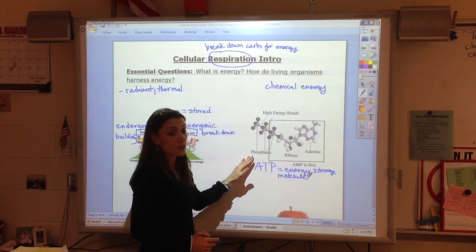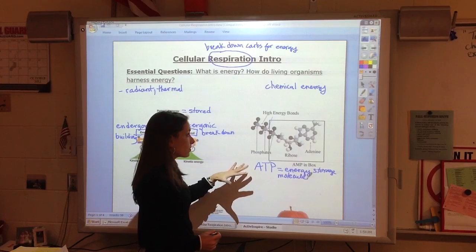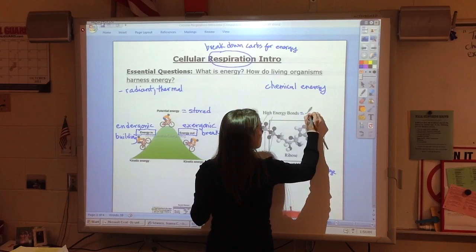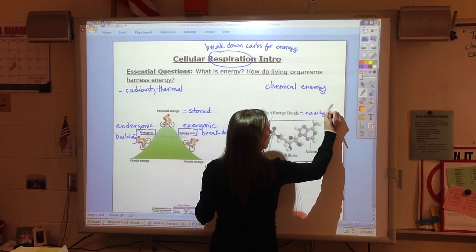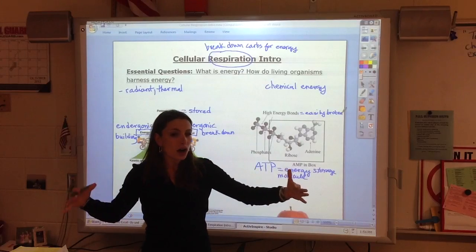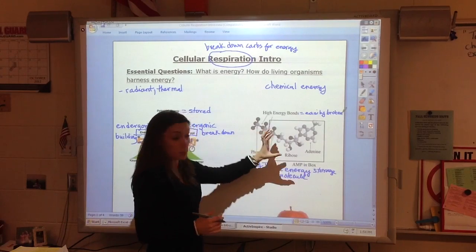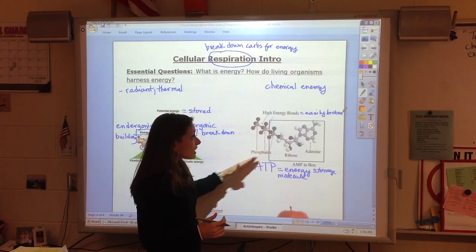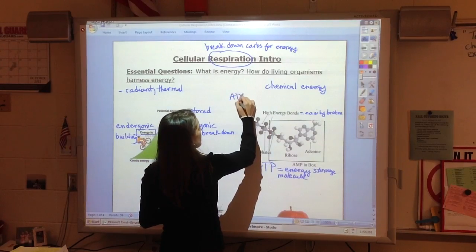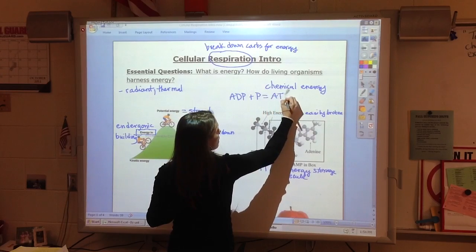Except this form of energy is going to be very, very short term. These bonds here are fairly easily broken. So ATP is not a long-lasting molecule. It's small, so it's fairly portable. It can easily be recycled. So if I take ADP and I add another phosphate, I get ATP.